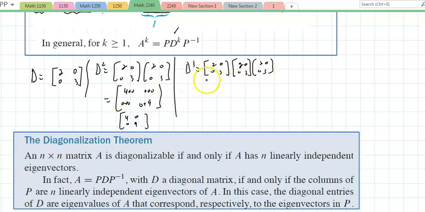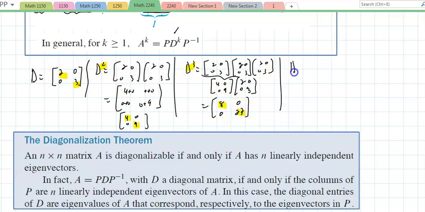And if I go for D cubed, well, this I already found. That is [4, 0; 0, 9]. If I multiply that by [2, 0; 0, 3], I will get 8 plus 0, that's 8. 0 plus 0 is 0. 0 plus 0 is 0. And 0 plus 27 is 27. And do we agree that D squared is the square of the diagonals, and D cubed is the cube of the diagonals?